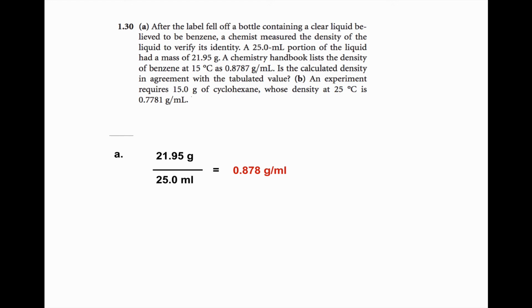B, an experiment requires 15 grams of cyclohexane, whose density is, what is it? I'm missing the second part of this. It must be convert to milliliters, right? It looks like I'm going to use the grams of cyclohexane as a starting amount, and I'm using the density to get to milliliters.